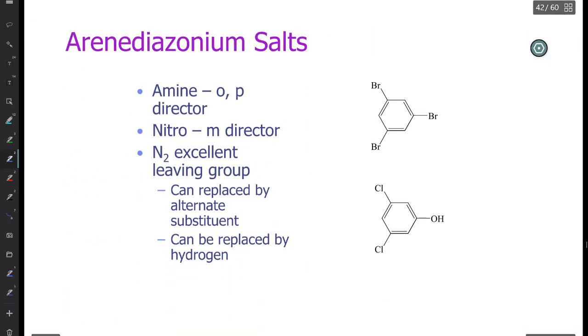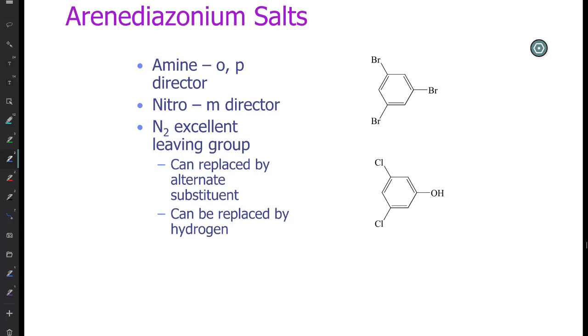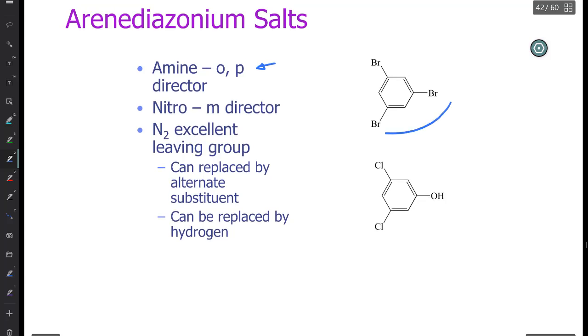Now, diazonium salts are good leaving groups, and typically the pattern is something like this. If you want to do ortho/para substitution, so you want, for example, this substitution pattern, think about what was there right before, because you notice the bromines are all meta to each other.